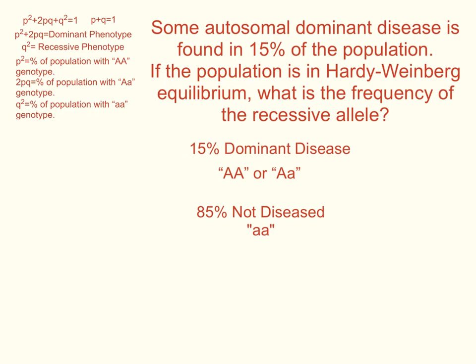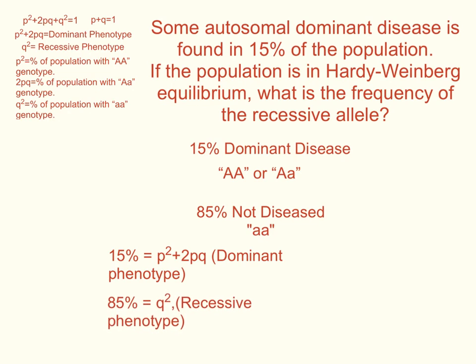Go ahead and pause the video and take a minute to think about how you can use one of these equations in the top left corner to figure out our allele frequency. To answer the question, we need to find out what this 15% and 85% really represent. The 15% represents the dominant phenotype, which we know from our equations equals P squared plus 2PQ, whereas the 85% represents the recessive phenotype, which equals Q squared.